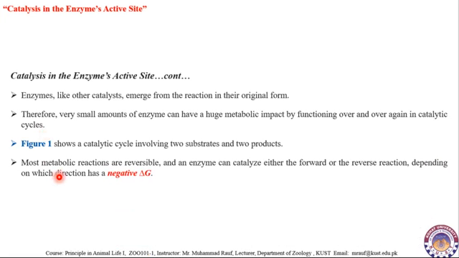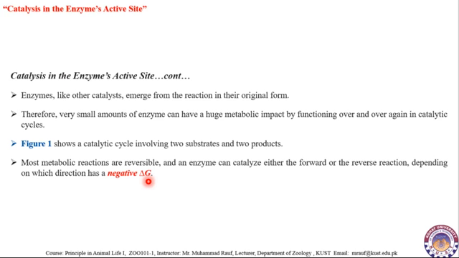Most metabolic reactions are reversible. Reversible means they can move in either direction, either forward or backward. And an enzyme can catalyze either the forward or the reverse direction depending on which direction has a negative delta G. Negative delta G means a reaction which does not require the input of energy.